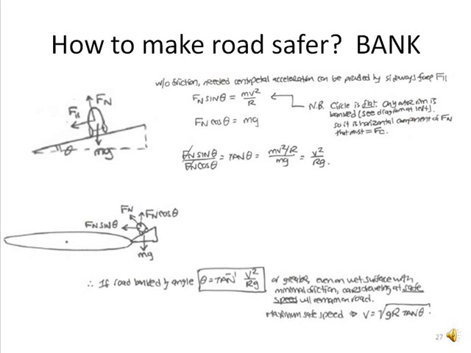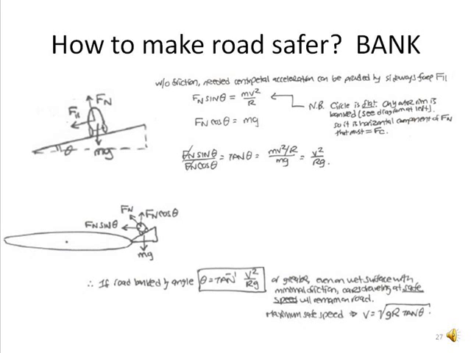So we could say F_n cosine theta equals mg. If we take the ratio of these expressions, then F_n, the normal force, will cancel out, and we're left with just the tangent of theta, where the tangent of theta equals v squared over rg.